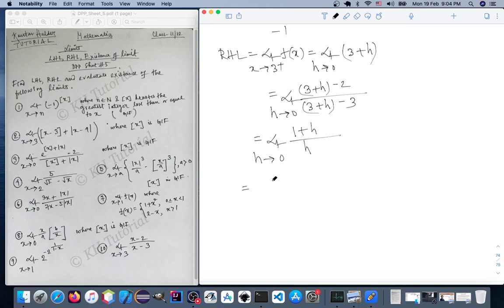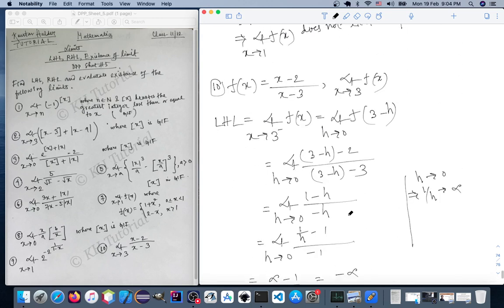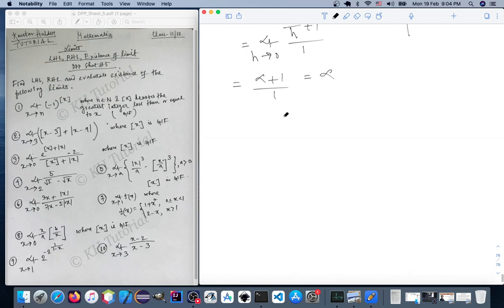So if we divide numerator and denominator by h, we get 1 by h plus 1, divided by 1. And when h tending to 0 implies 1 by h tending to infinity. This becomes infinity plus 1 by 1, which is infinity. RHL is infinity and LHL is minus infinity. So they are not same.